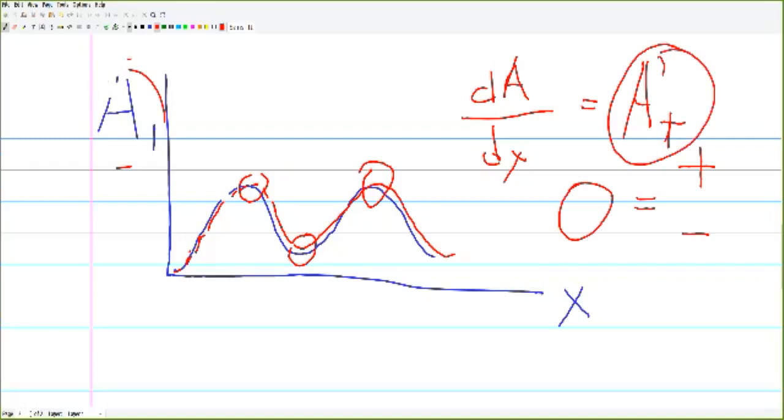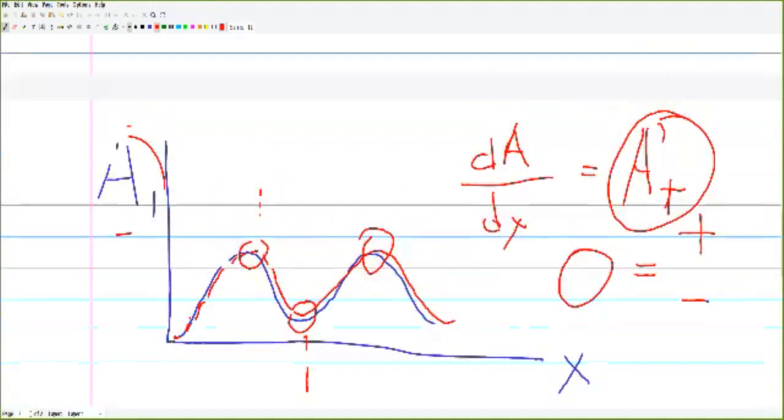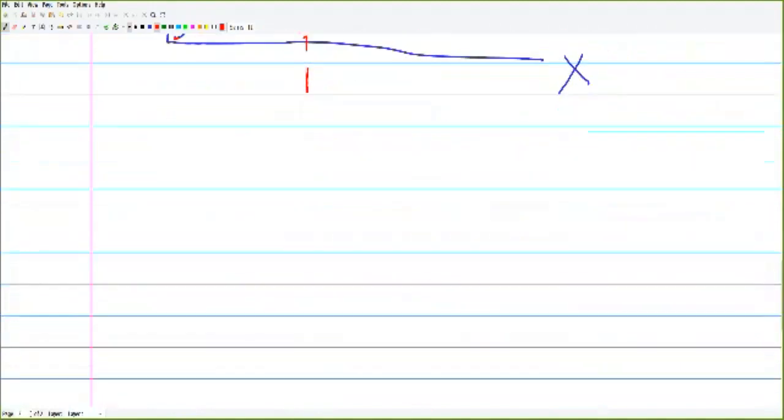So if I encounter one of these, I can know in which x I need to cut so that I get the maximum or the minimum, okay? So let's take the derivative of A in relation to x, because my function is A in relation to x, okay? So that's going to be equal to what?